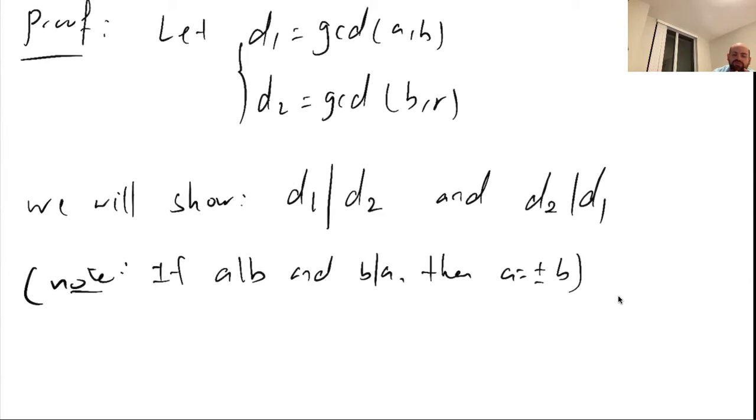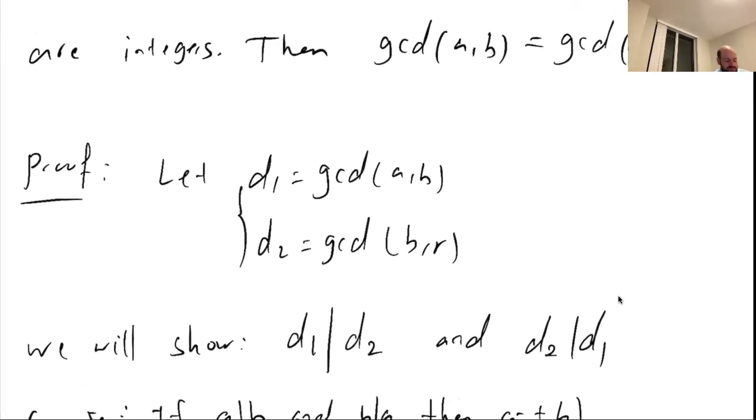But this property means that if both numbers are positive, and one divides the second one and the second divides the first one, then the two numbers must be equal. Here GCD by definition is a positive number. So if I want to show that D1 equals D2, I can show instead that D1 divides D2 and D2 divides D1.